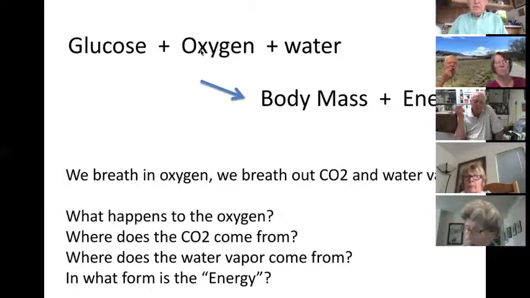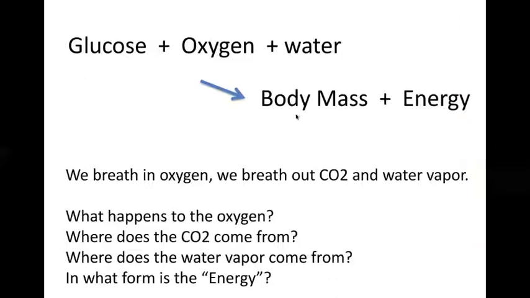And we breathe in oxygen, we somehow combine it with glucose, or do we really? And we drink water. We have to have water to make this process go. And the result is that we end up building the molecules in our body, and we use most of it for energy. And what does that mean anyway?